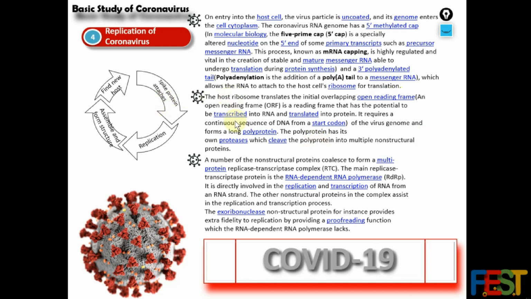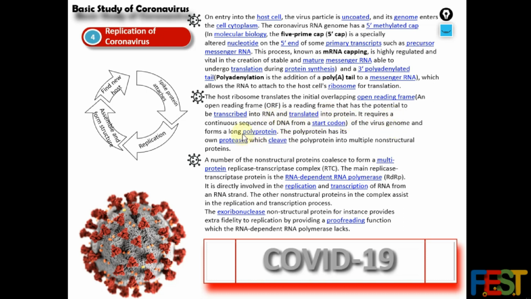The second point, the host ribosome translates the initial overlapping open reading frame of the virus genome and forms a long polyprotein. What is an open reading frame? An open reading frame is a reading frame that has the potential to transcribe into RNA and translate into protein.